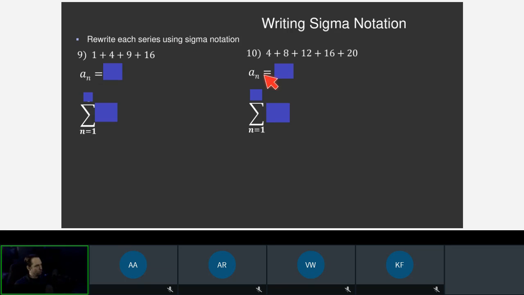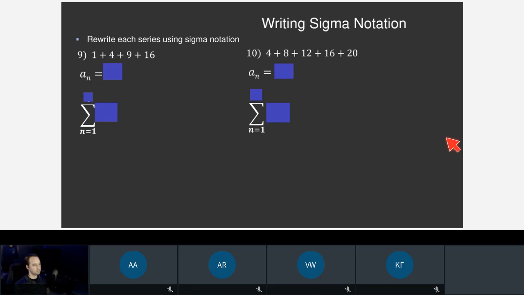So looking at 1, 4, 9, 16, do you recognize anything mathematically going on here? They multiply by 4. 1 times 4 is 4. 4 times 4 is not 16.